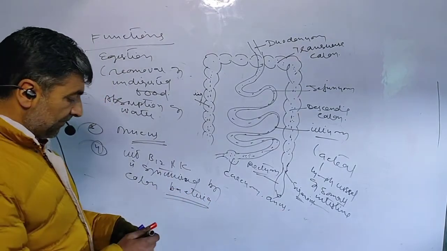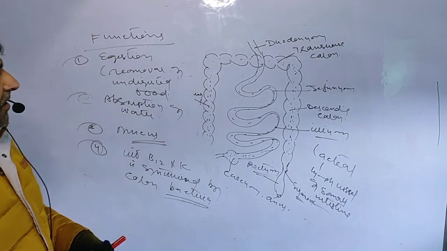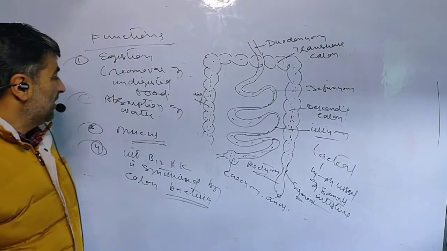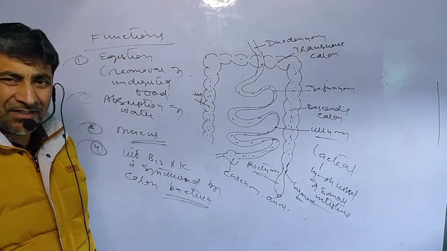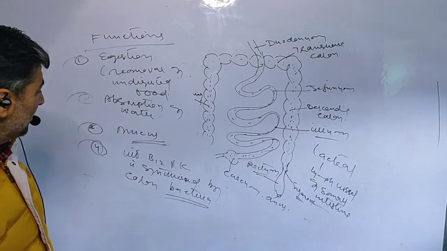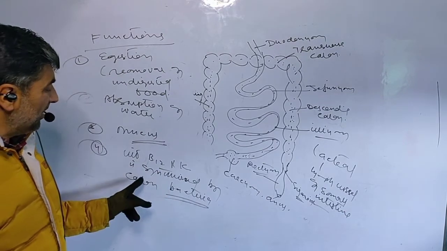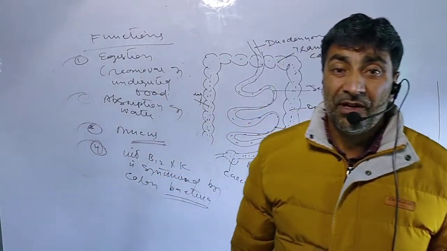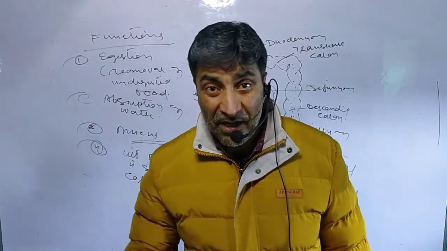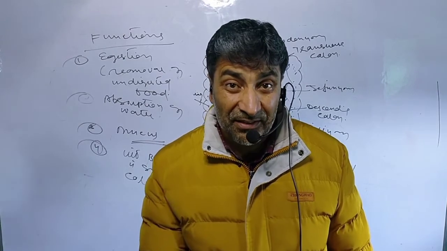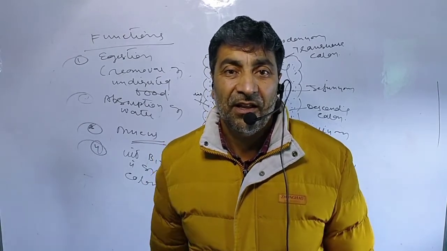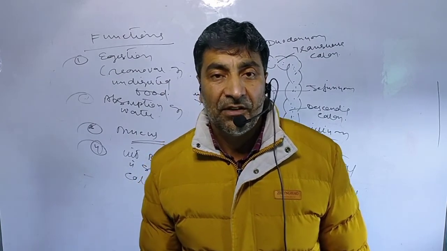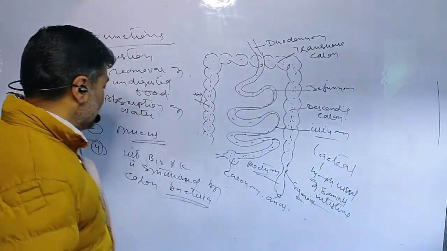So these are the functions of the large intestine: they help in digestion, help in absorption of water, and produce mucus, the thick secretion which lubricates the alimentary canal. Vitamin B12 and K are synthesized not by the human body but by bacteria like Escherichia coli, which are present in the colon, or large intestine.